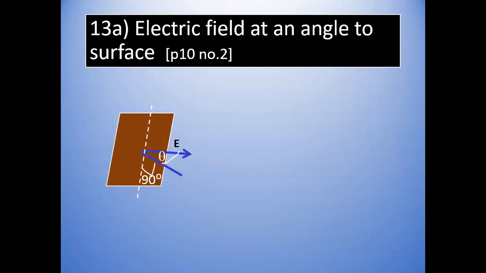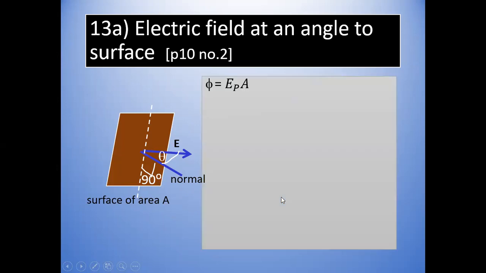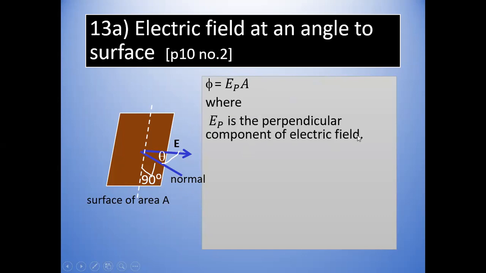So if it's not 90 degrees, remember this line is 90 degrees to the surface. Just imagine that. If E is at an angle theta, this one is the normal, and that's your surface with area A. The normal is 90 degrees to the surface. If E is at an angle, we want the perpendicular component.